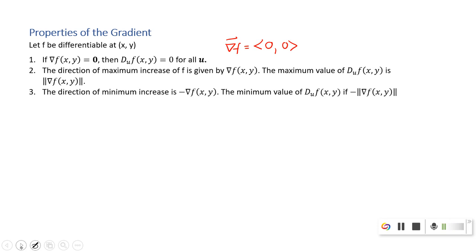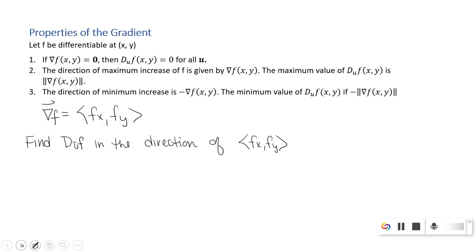Okay, property number 2 says the direction of maximum increase of f is given by our gradient vector. So the gradient vector gives us the direction of maximum increase of f.